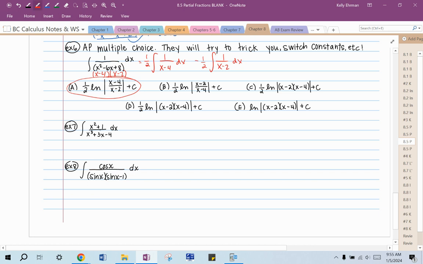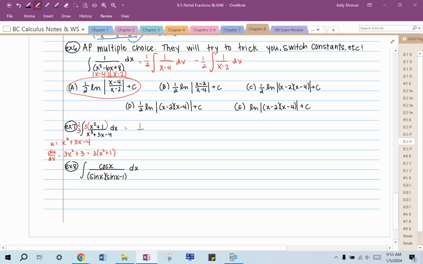So, okay, I can't do partial fractions, but I can do u-substitution. u is equal to x cubed plus 3x minus 4. du/dx is equal to 3x squared plus 3, which is 3 times x squared plus 1. So I have x squared plus 1. I just need to multiply a 3 in and balance it with a 1/3.